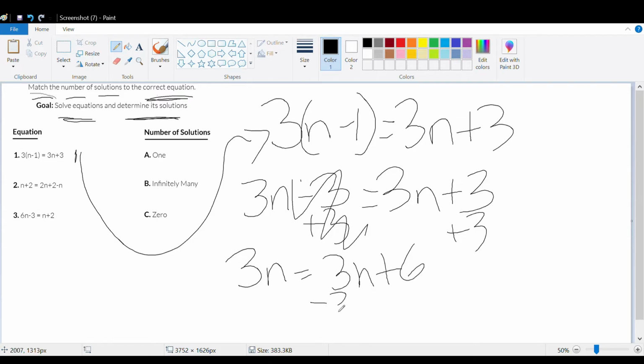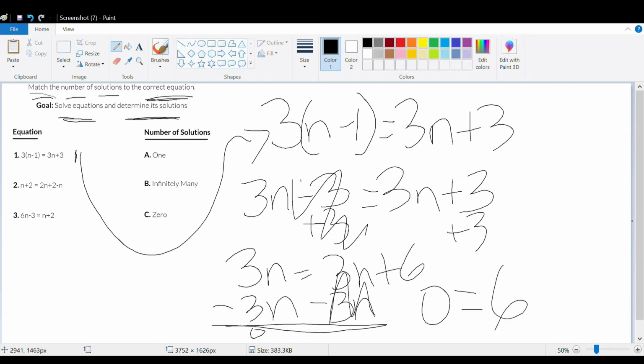And then we can subtract this 3n from both sides so we can get rid of the n's. When we subtract the 3n's, this gets canceled and this equals 0. So what they're saying is that 0 equals 6.